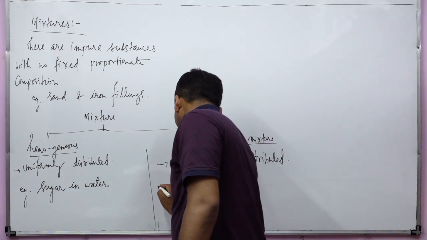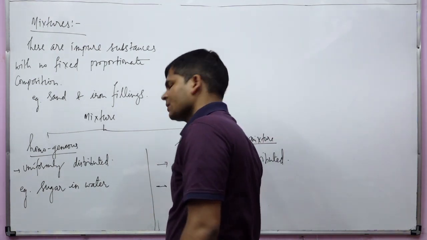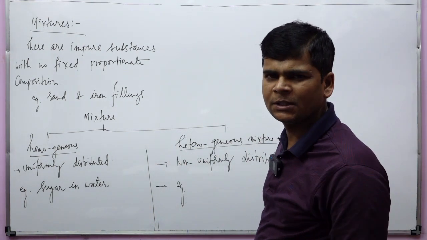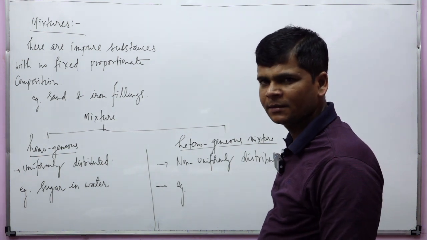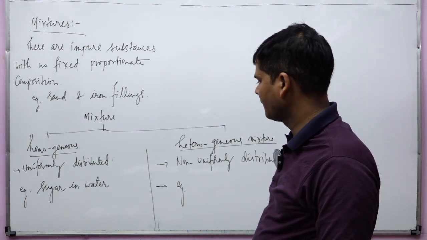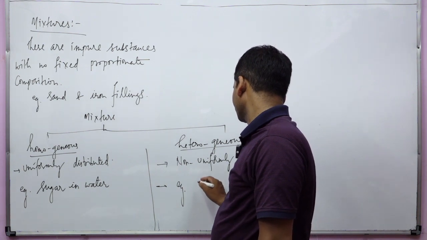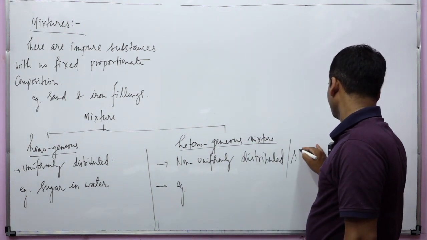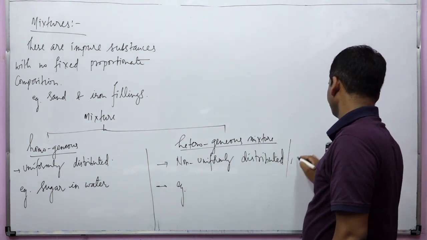Means you can identify the composition easily. You may be in a position to separate it easily, for example, and therefore these are unstable.